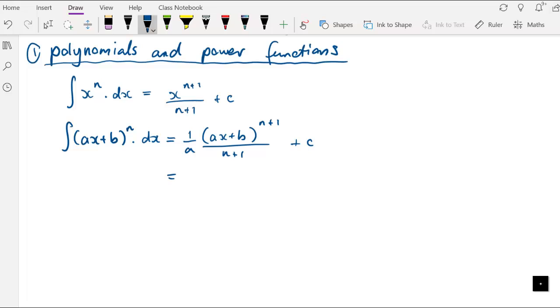So you could look at that as ax plus b to the power of n plus 1 over a multiplied by n plus 1, plus c. Okay, so that's what we're going to look at for general polynomials. Relatively straightforward. It works the same whether we have integer values for n or we have rational indices, so square root functions or any of those radical functions, as well as negative indices.